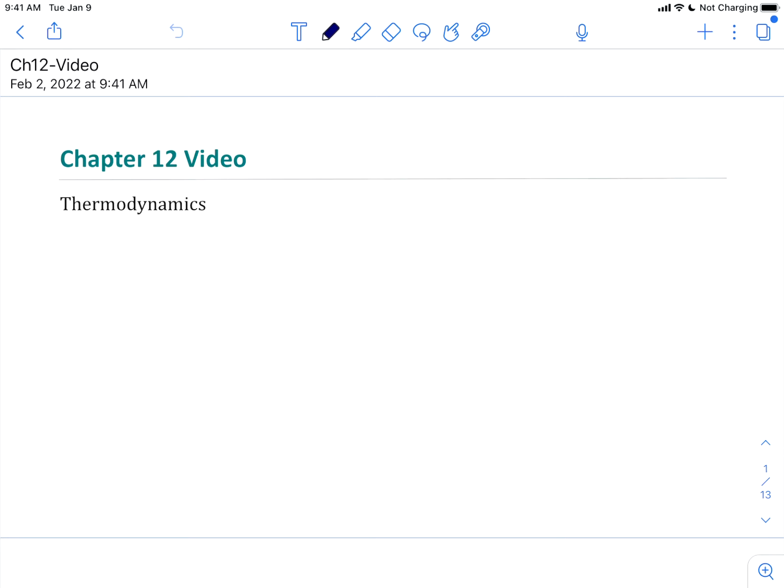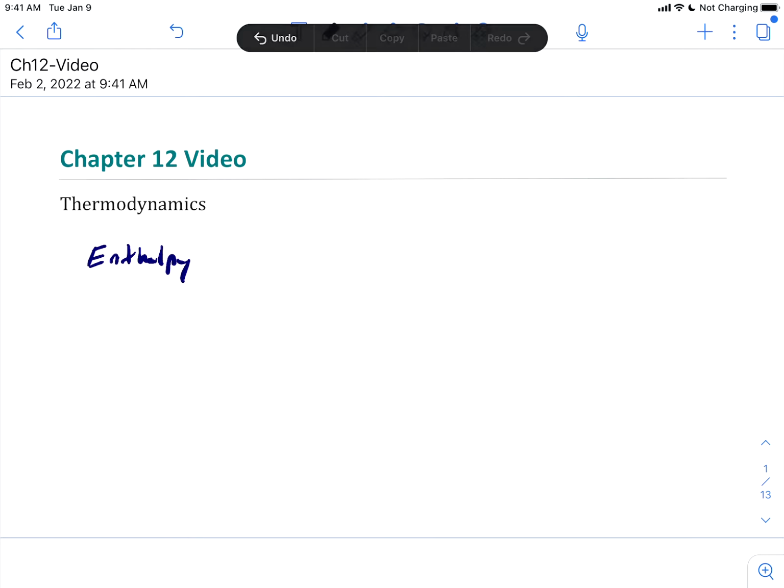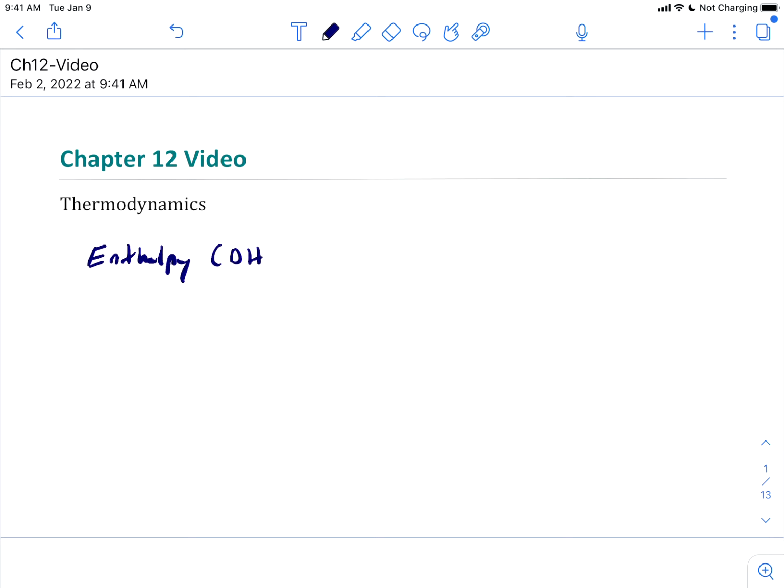Okay, so some things we're going to want to review, which are back in, I guess, chapter 10 in Gen Chem 1. Enthalpy, which we gave the note, changing enthalpy. Enthalpy is H, so changing enthalpy was delta H. And what enthalpy is, if you remember, it's basically heat, which we designate Q, at constant pressure.